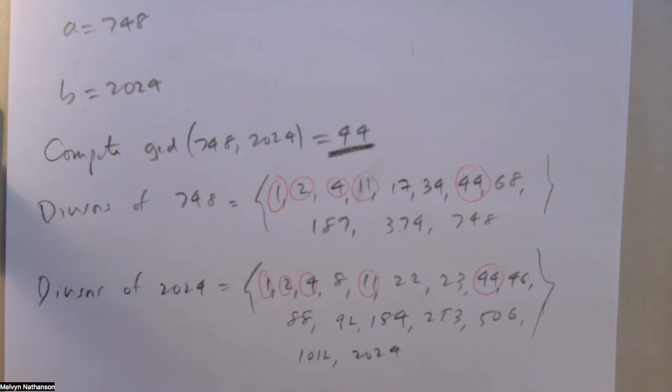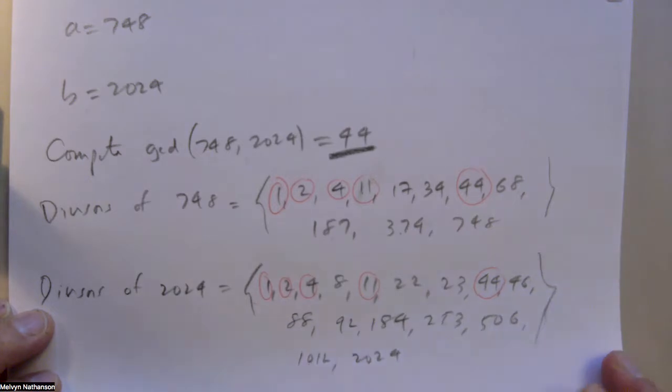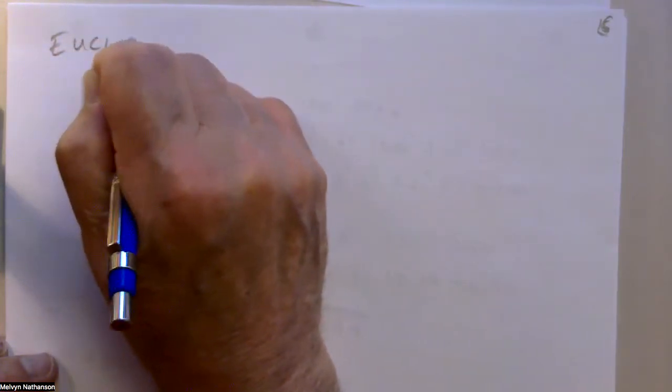If you study Euclid, Euclid's books contain not only geometry, but a lot of number theory. And Euclid gave an algorithm to compute the greatest common divisor of two numbers. So there's something called the Euclidean Algorithm.